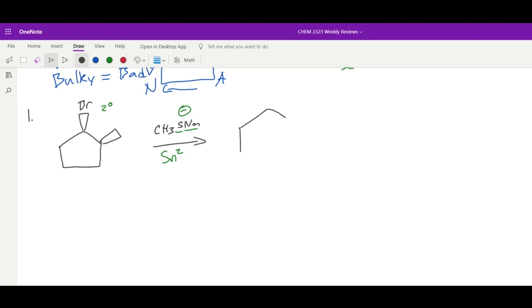There's not enough steric hindrance to prevent me from doing so, so I'm going to substitute my S-methyl where my bromine was, and then I'm going to flip the stereochemistry because it is SN2. It has an inversion.